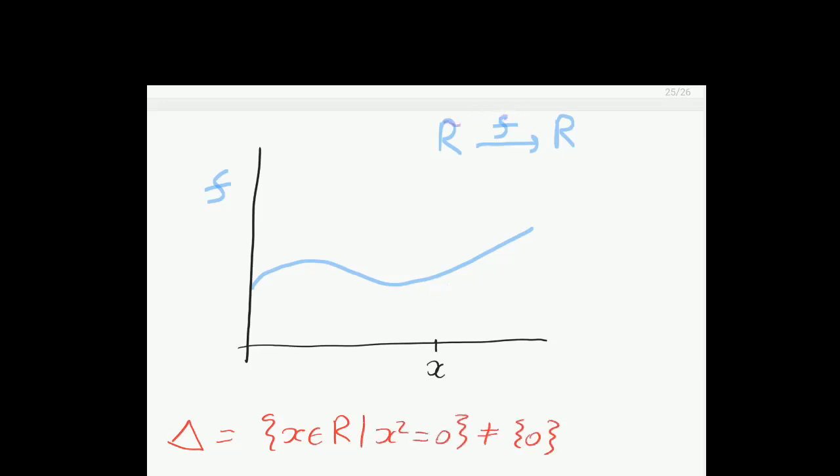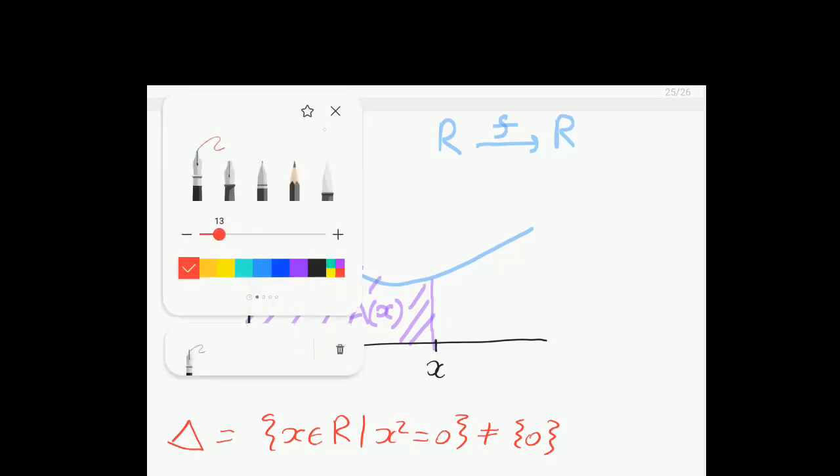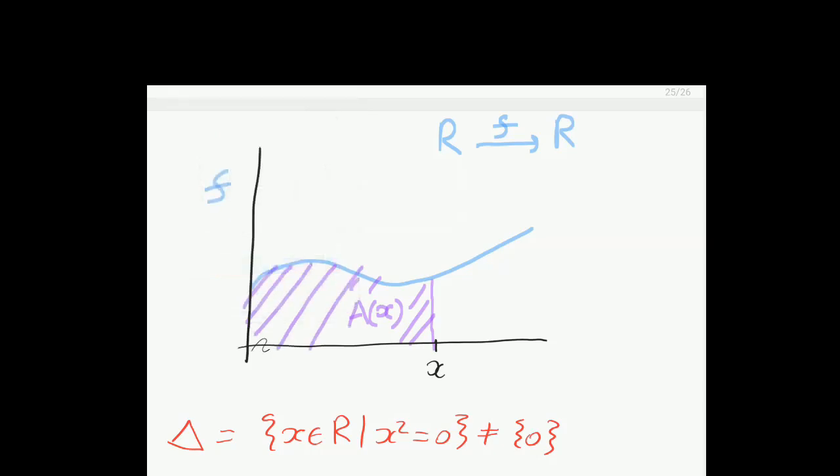So let's suppose we have this map f from R to R, and what we're interested in doing is calculating the area under this plot. And we'll call that area A of x. So that's the area under our curve from 0 to x.